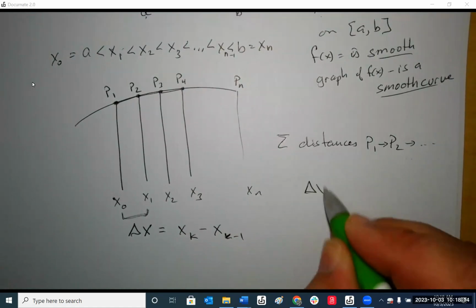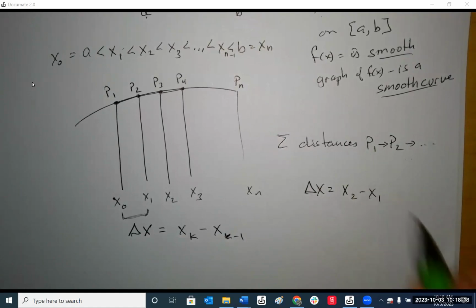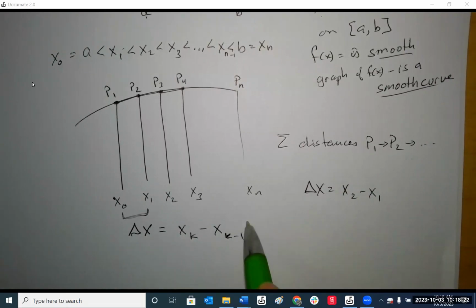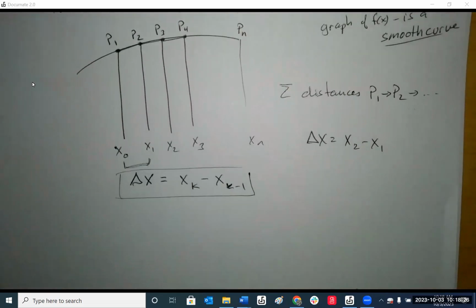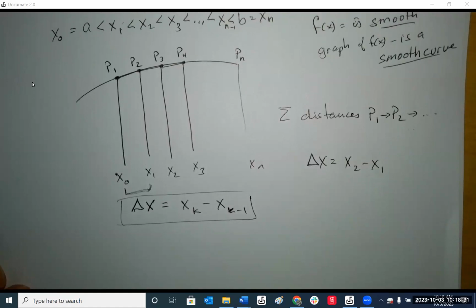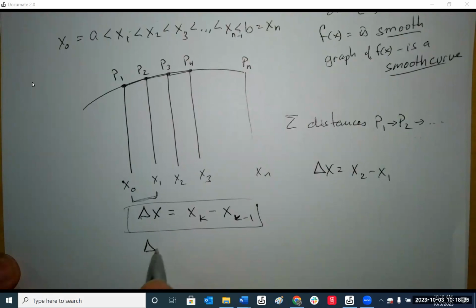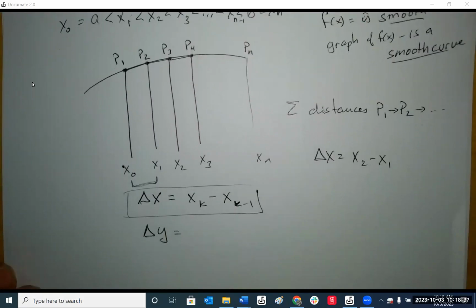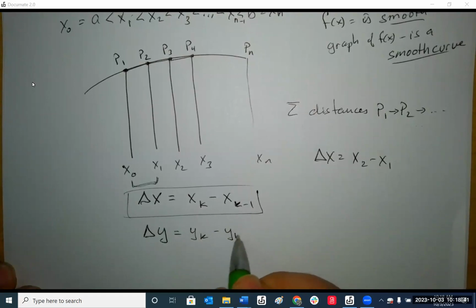Basically, delta x will be x sub 2 minus x sub 1, x sub 5 minus x sub 4. That's what that means. And the corresponding y values, the delta y, will be done the same way: y sub k minus y sub k minus 1.